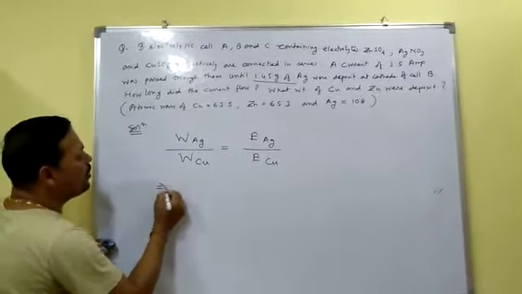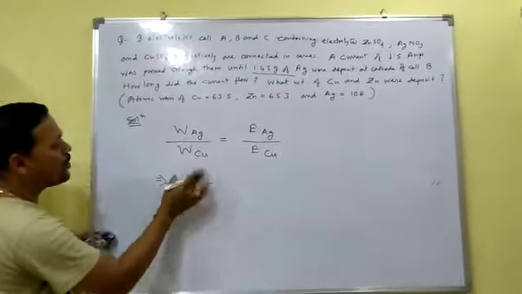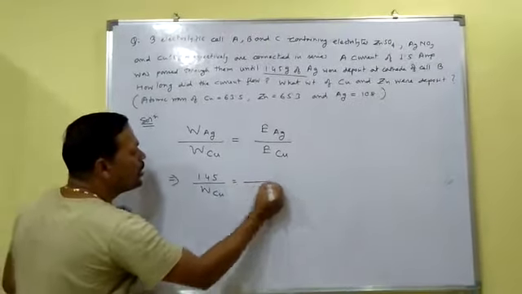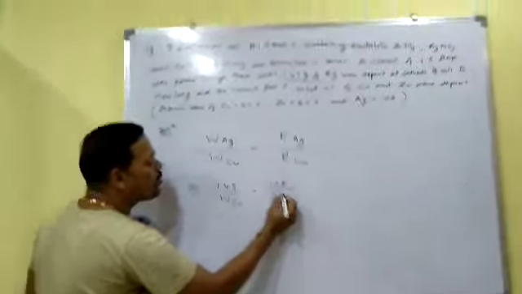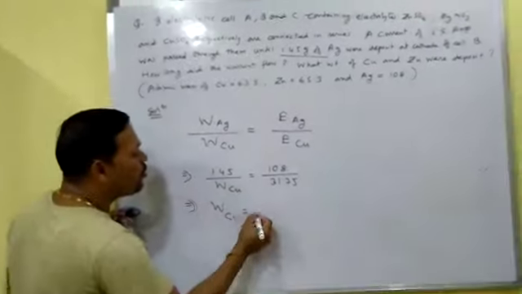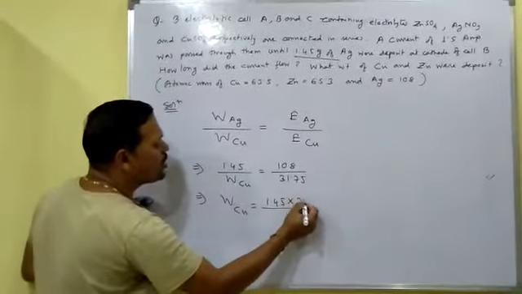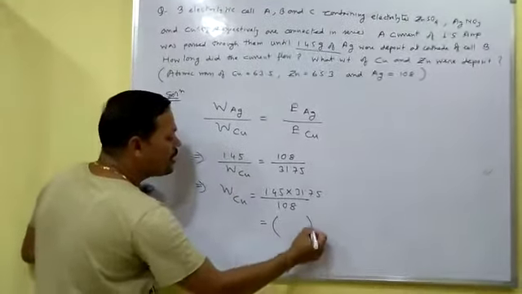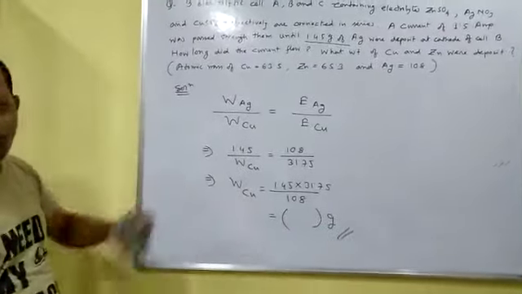The weight of silver is given as 1.45 in the question. The weight of copper you have to find out. Equivalent mass of silver is 108, equivalent mass of copper is 31.75. Therefore, the weight of copper is equal to 1.45 into 31.75 divided by 108. You will get the amount of copper deposited. So this is for copper.